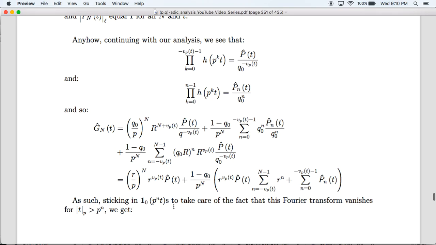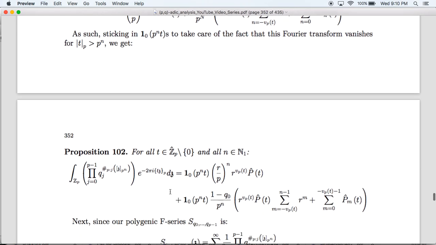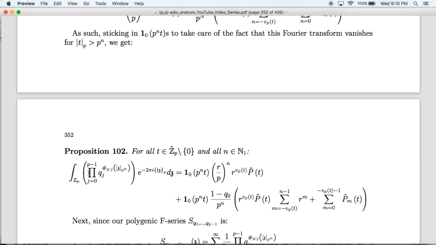As such, to finish this, we need to stick in this term to take care of the fact that this should be a big N here. But then, anyhow, what we proved is as follows: that the integral of f of z mod p to the n times the Fourier character is this messy part.